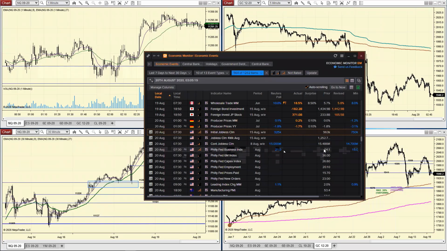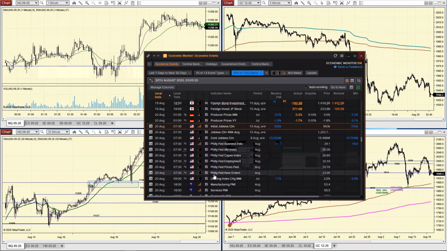They're looking for 21. Last time was 24, and leading index change at 10 a.m. Eastern. But that's about it until we move into Australian data, which in the States comes in a little bit later in the day, although obviously a new day for Australia, which would be 7 p.m. Eastern, but that would be manufacturing PMI.